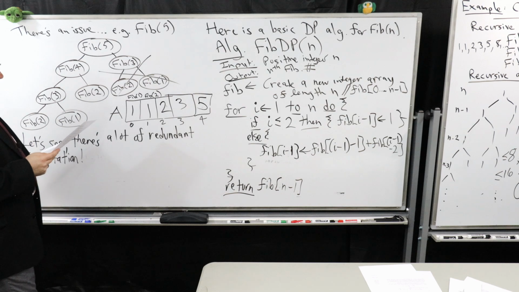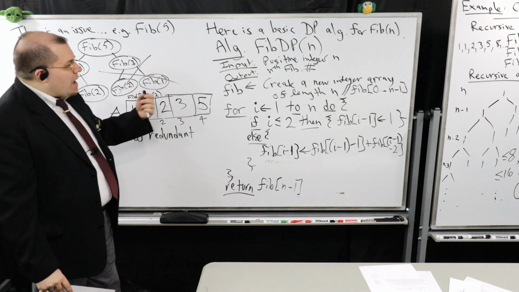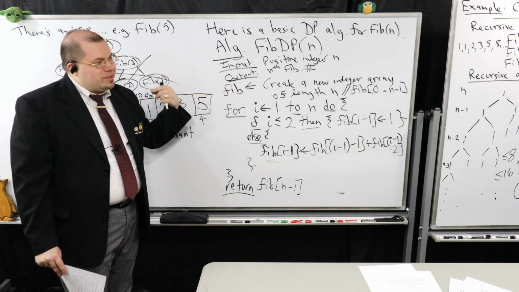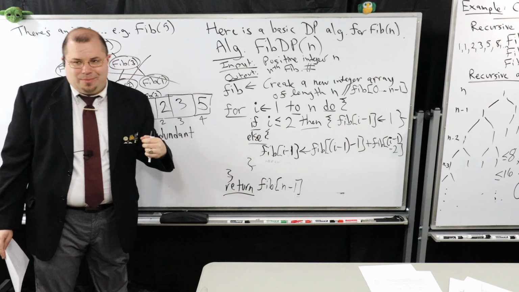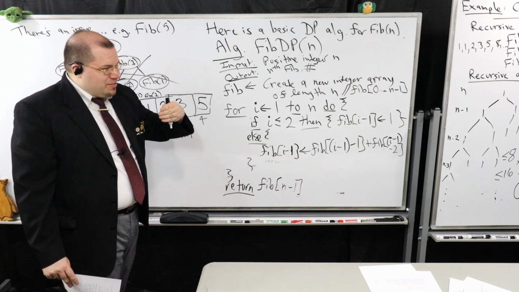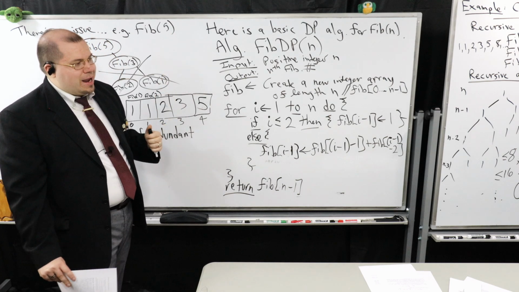One thing I do want to remark on is that when we have an array with only one dimension, we sometimes call this one-dimensional dynamic programming. Just to make sure it's clear, when we build a table, you may have several dimensions for your table. Usually it's only a two-dimensional array.